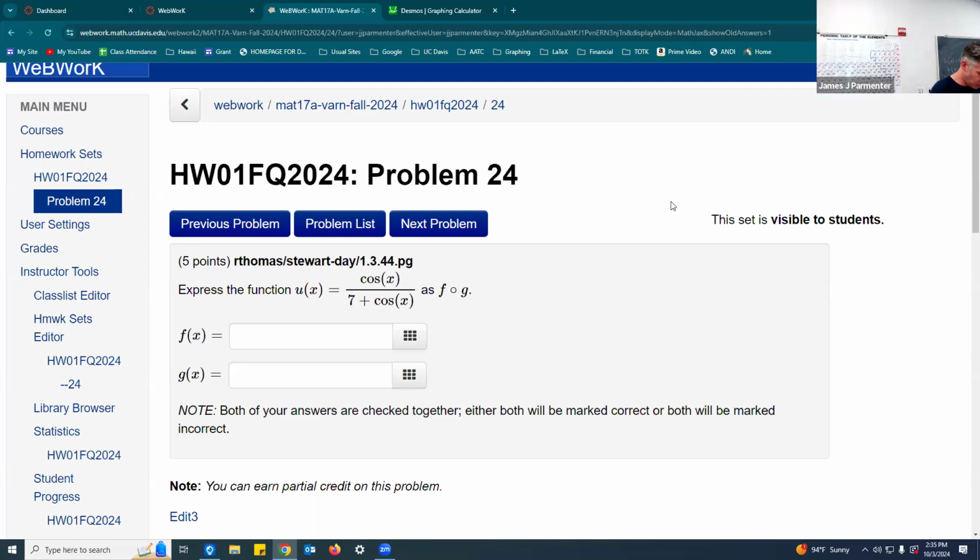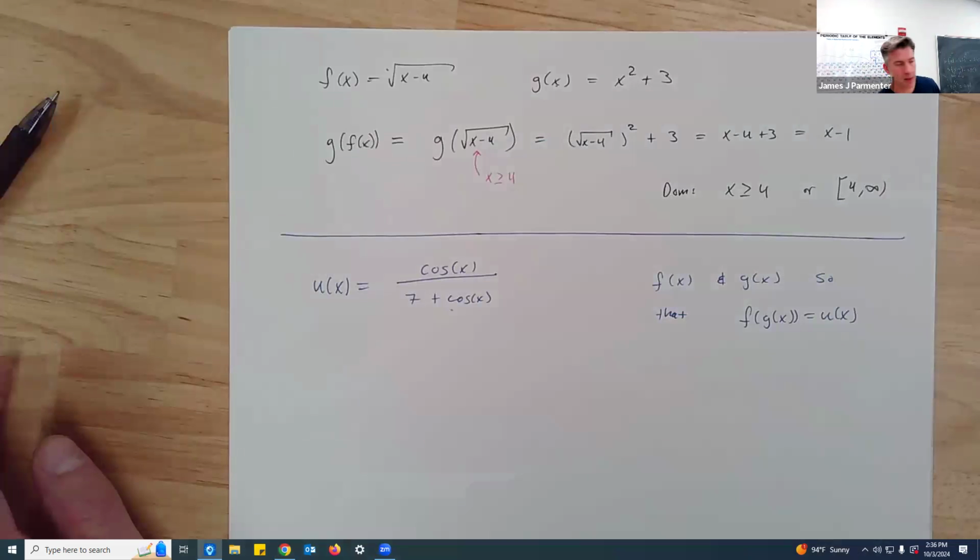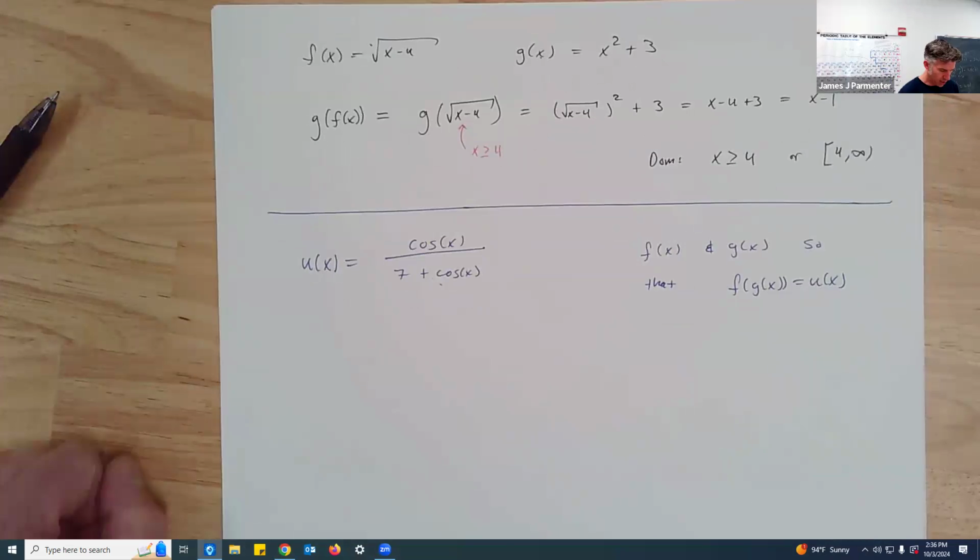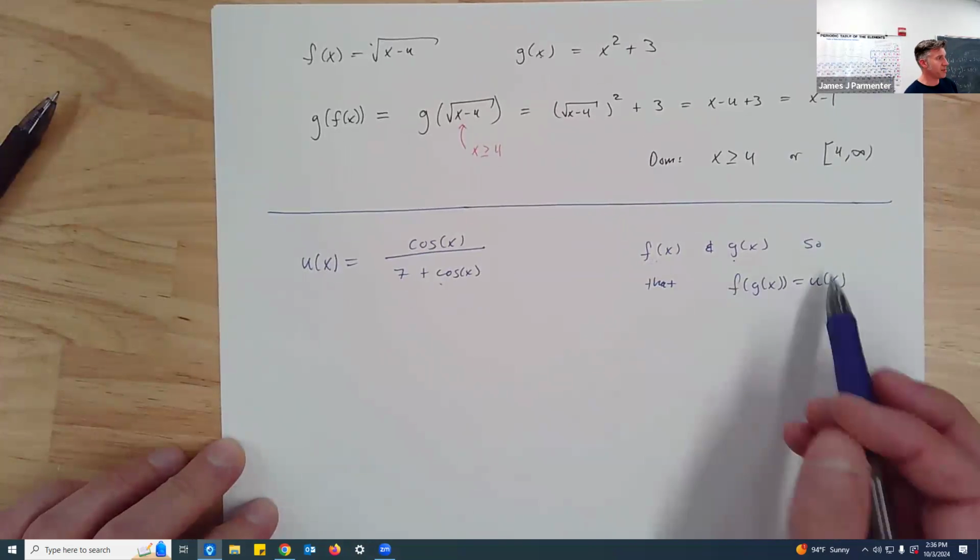So our function u of x is equal to cosine of x over 7 plus cosine of x. I want to find an f of x and a g of x so that f of g of x is equal to u of x. I want to find an f and a g so that when I do the composition, I get that.